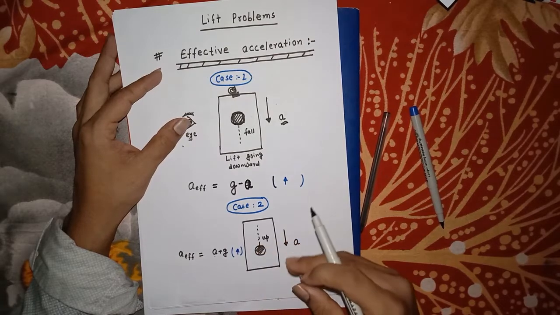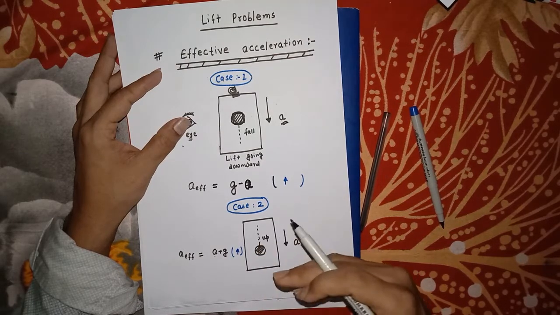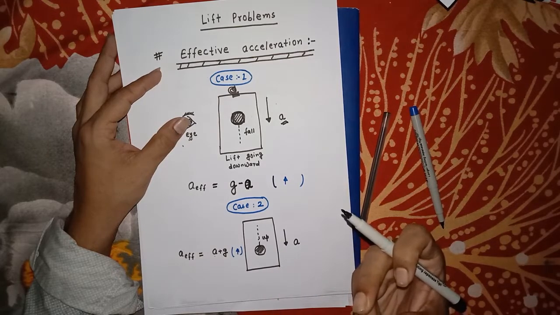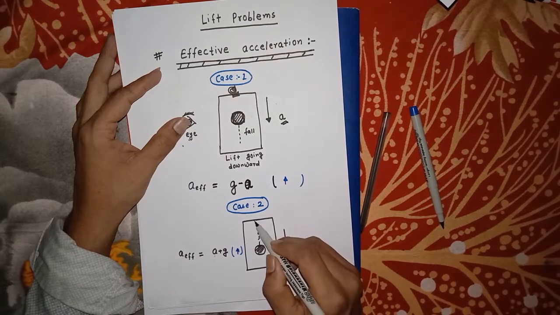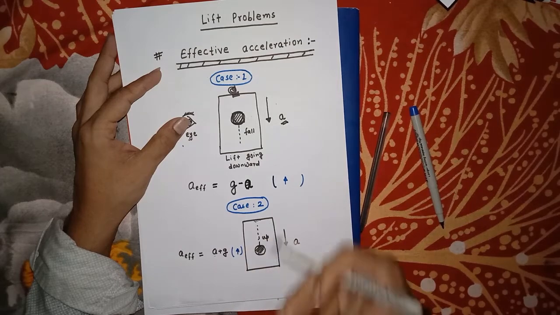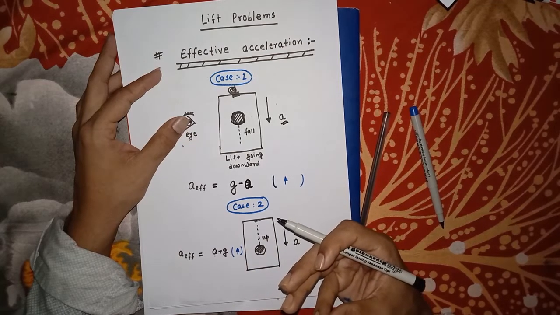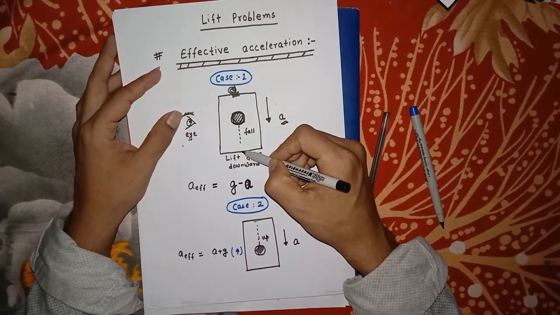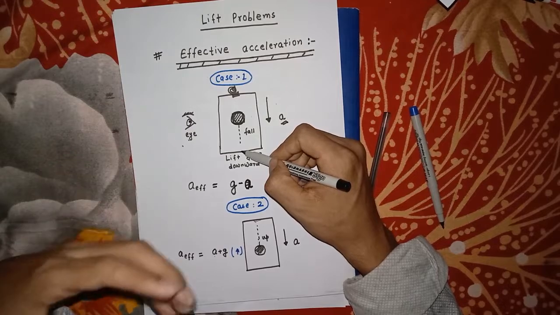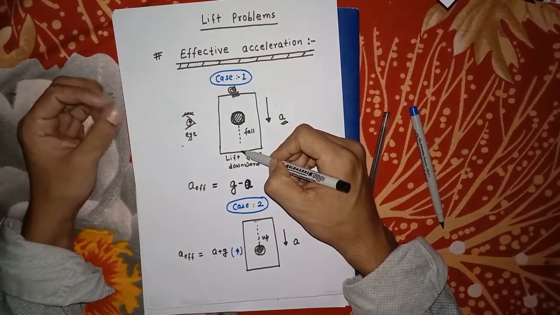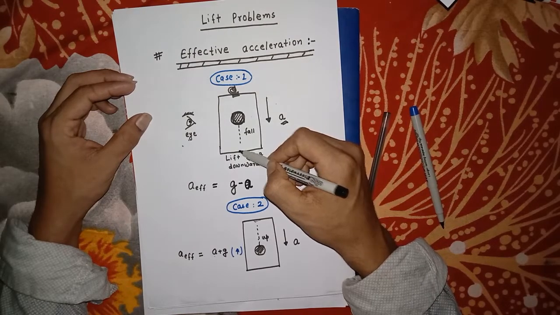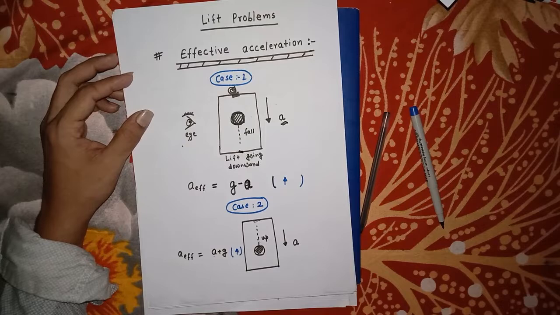It means its speed changes very fast. Have you got my point? It means the ball will strike the top point in a much lesser time. But here the ball takes much more time to strike the bottom of the lift. You can think about it, it is not so hard.